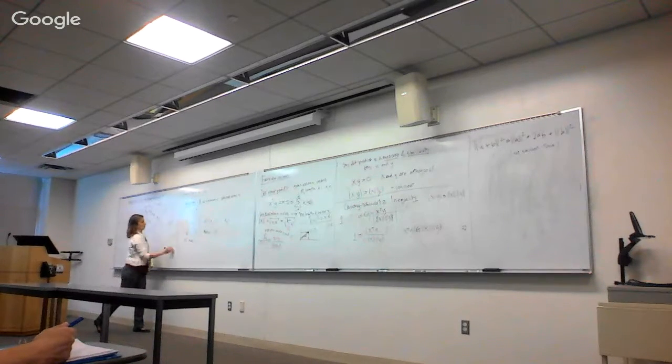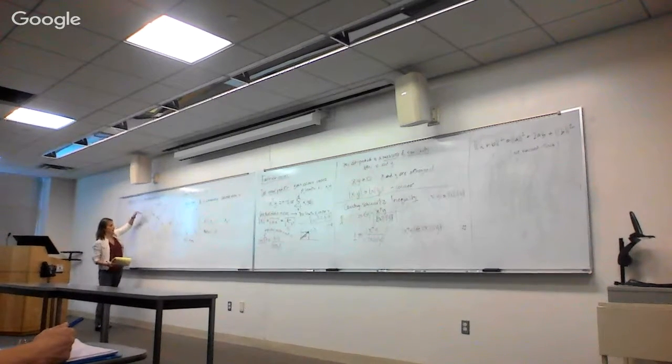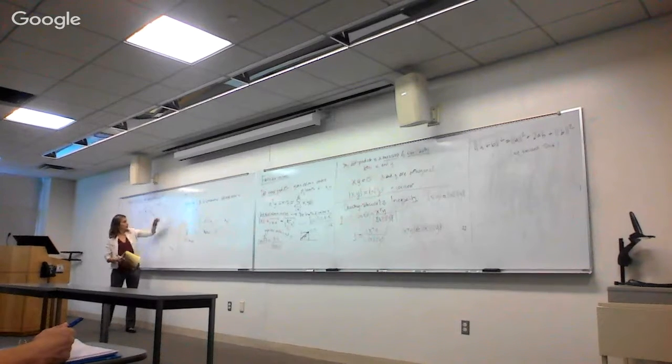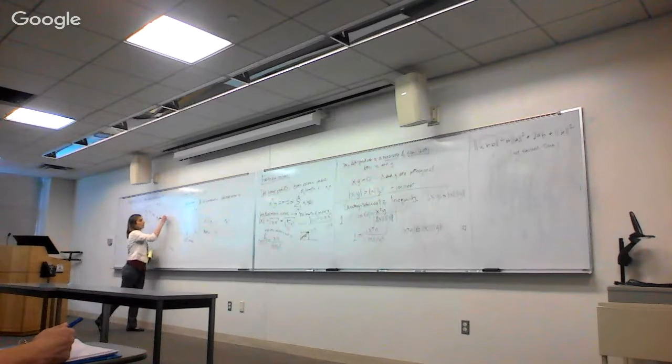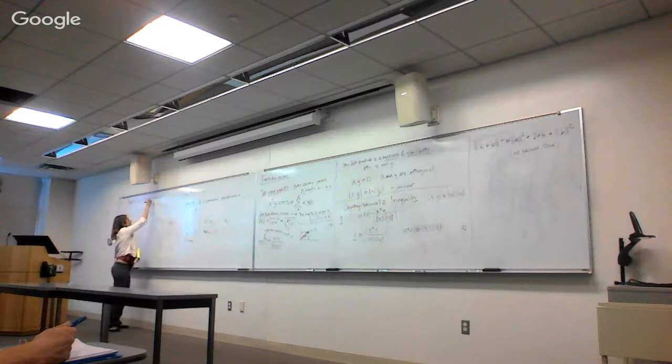If this was narrower here, this one is going to be narrower here. So this is N, and this is D. Here, this is N, and then we have D here.